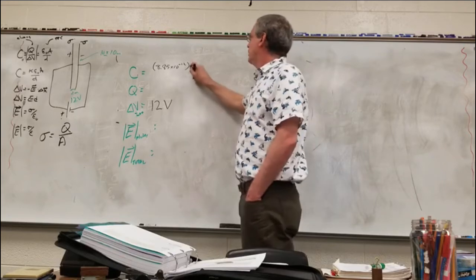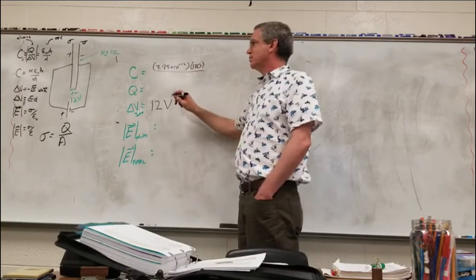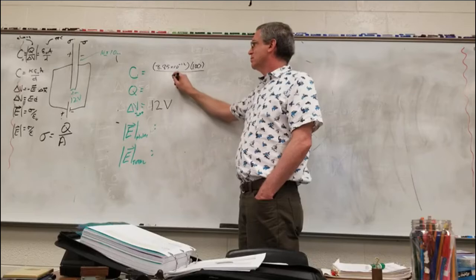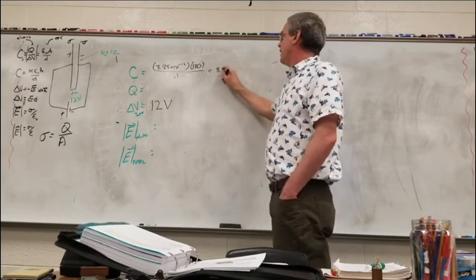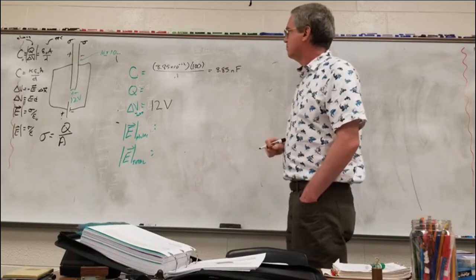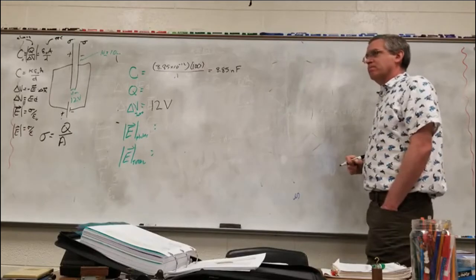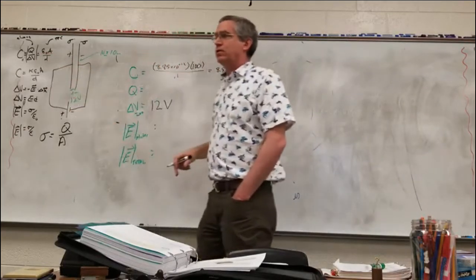Thank you. Over D, 0.1 meters. Doing the fancy math here, we end up with 8.85 nanofarads. How do you get 8.85? Epsilon sub naught. It's a constant.